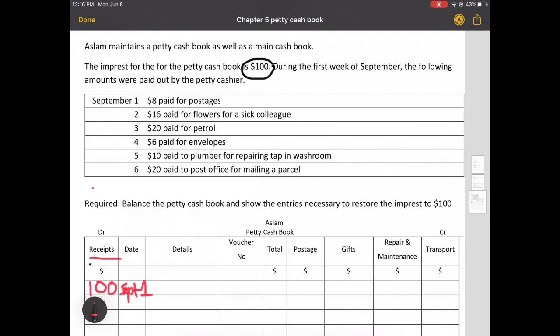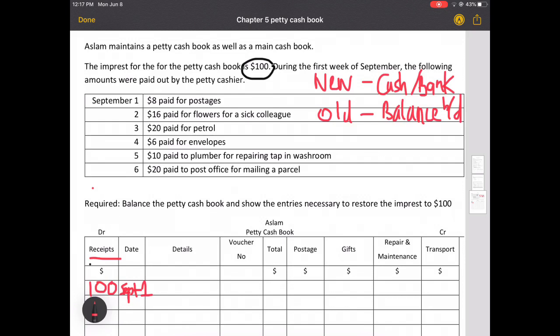If it is a new business, your detail would be cash. Or if they tell you it's bank, then you write bank. But if it's an old business, you will write down balance BD because that is the money you bring from last week.